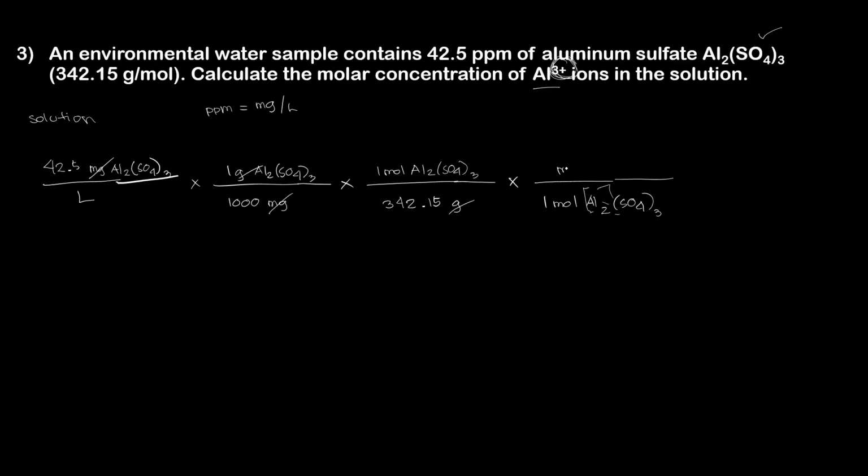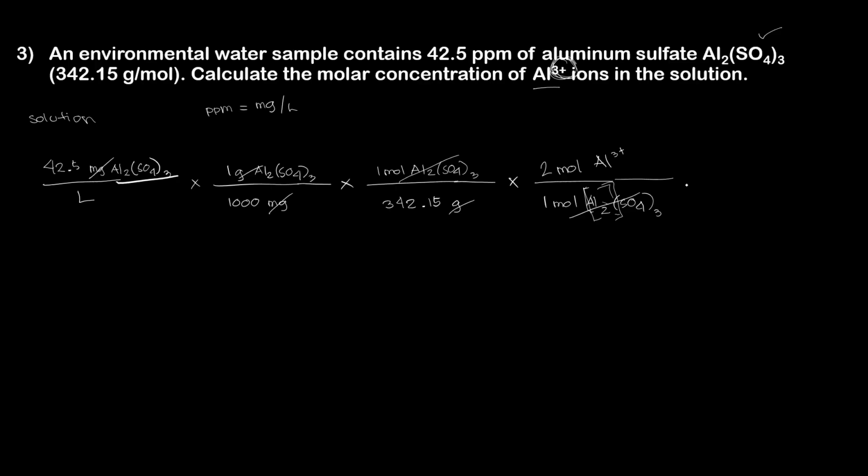So how many moles of Al3 plus are there in aluminum sulfate? Simply focus on aluminum. I have actually discussed this. So it's 2 moles. There are 2 aluminum in aluminum sulfate. Now we can cancel the mole of aluminum sulfate and we're left with the unit mole Al3 plus over liter.